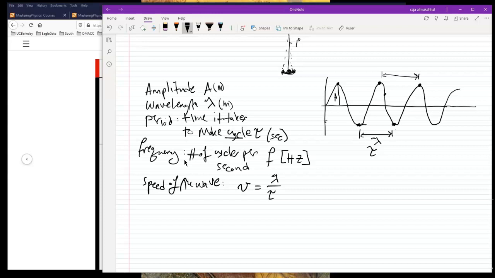Okay, so this is the first formula. Now, we also know that since the frequency is the number of cycles per second, and the period is the time it takes to complete one cycle, the frequency is the reciprocal of the period, or the period is the reciprocal of the frequency.